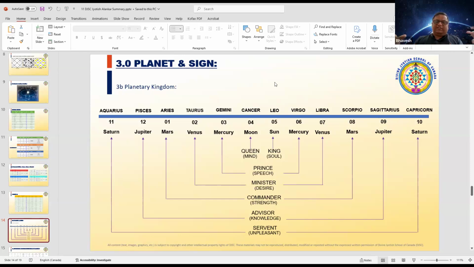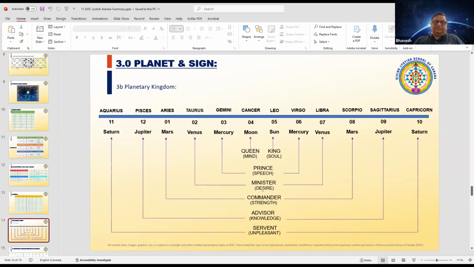But it's also the kingdom of your own self, including mind and soul. Moon is represented by mind, Sun by soul, and Mercury represents speech, and in the kingdom it's a prince. A prince is a young person, so someone with a strong Mercury looks younger all the time.